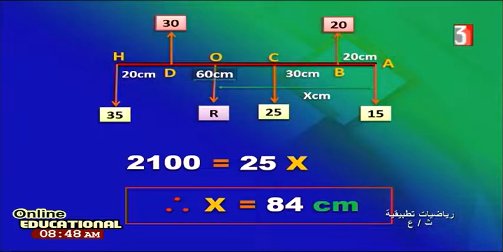This example is very important. Why? Because there is a theorem. It says the moment of the forces at any point equals the moment of the resultant at the same point.